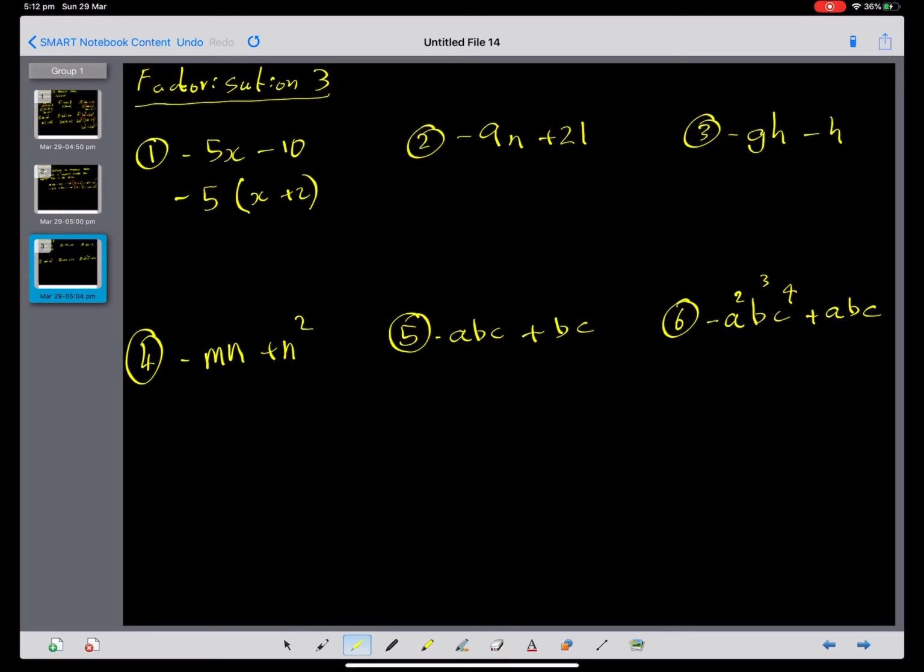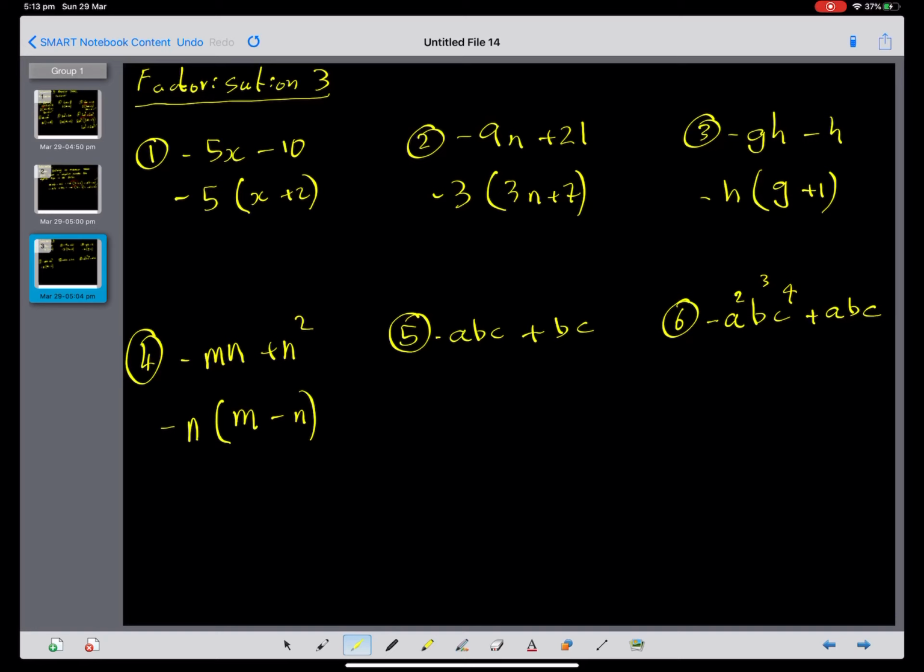Here we're going to take just the negative 3 out to get 3n plus 7. Here we're going to take negative h out to get g plus 1. Here we're going to take the negative n out to get m negative n.